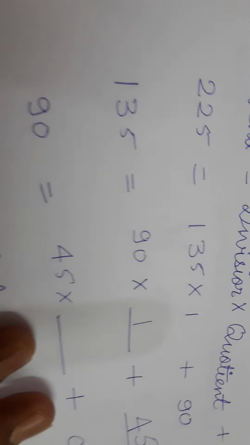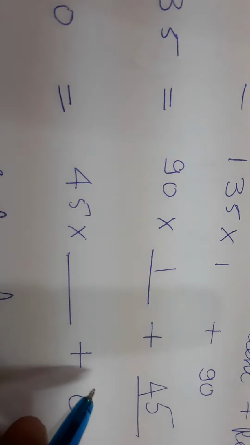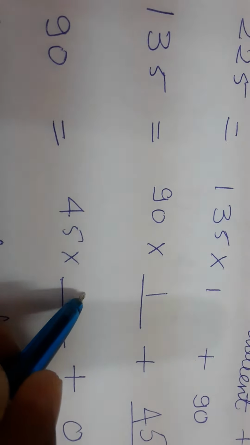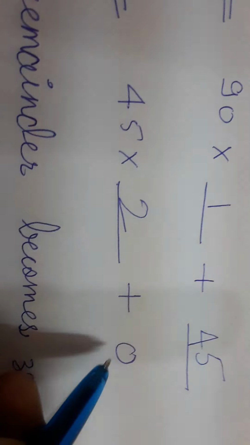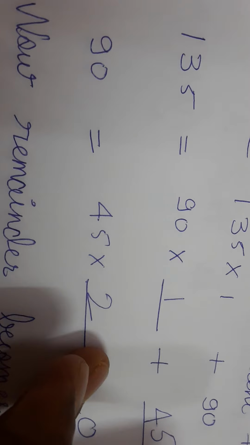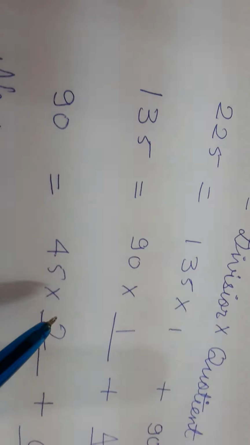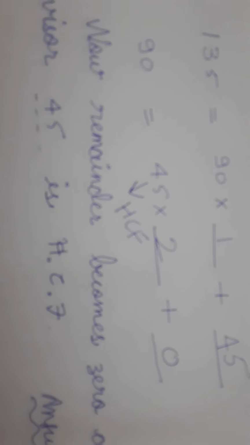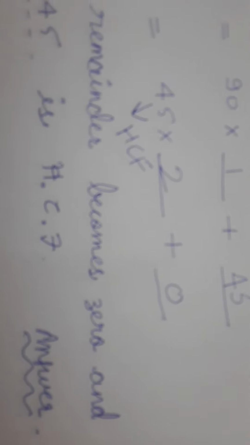So I am putting this value: quotient is 2 and remainder is 0. Now this step has completed. So the last value of divisor will be the highest common factor, that is HCF. Now remainder becomes 0 and divisor 45 is the HCF. This is the answer of this question.